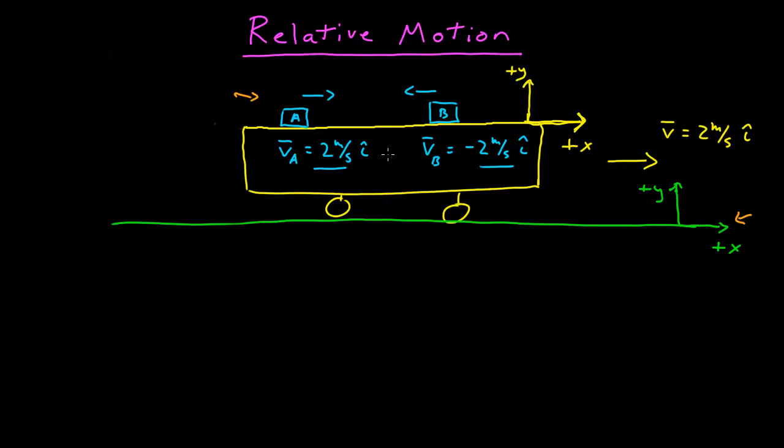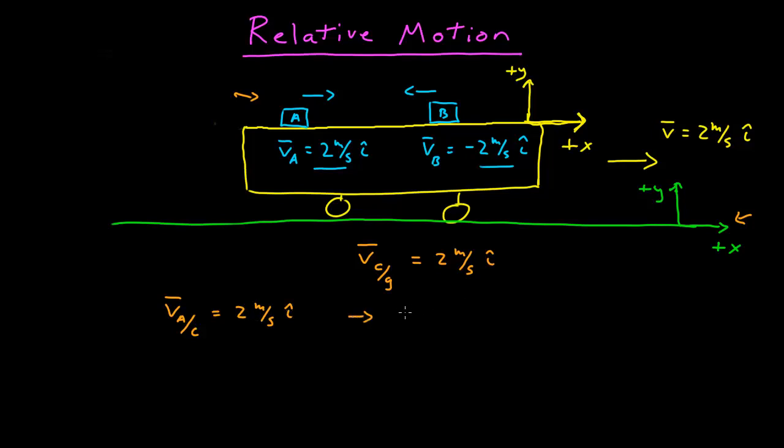Okay, and so the first thing that we establish is the velocity of the two coordinate systems. We say the velocity of the car relative to the ground is 2 meters per second i hat, right? And we know that the velocity of A relative to the car is equal to 2 meters per second i hat.